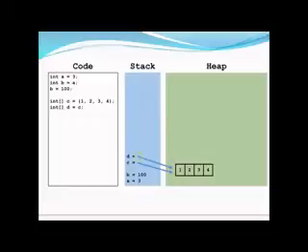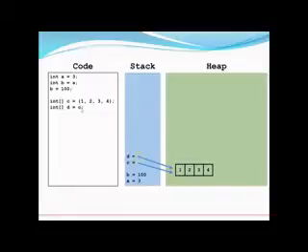So C is a reference type, and the variable C will be stored on the stack, but it will point to this 1, 2, 3, 4 array, comprising the values 1, 2, 3, and 4. This array will be stored on the heap, and C will point to it.